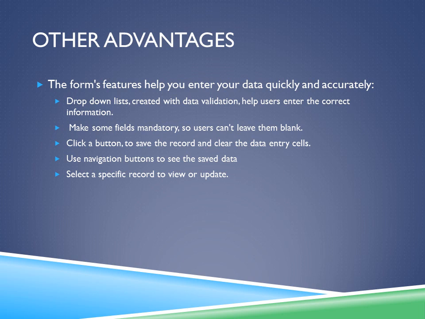Another is that you can make some fields mandatory, so users can't leave some fields in the form blank. Another is to click a button to save the record and clear the data entry cells. Another is to use navigation buttons to see the saved data. And another is to select a specific record to view or update, so you can choose whichever specific record in the form that you want.